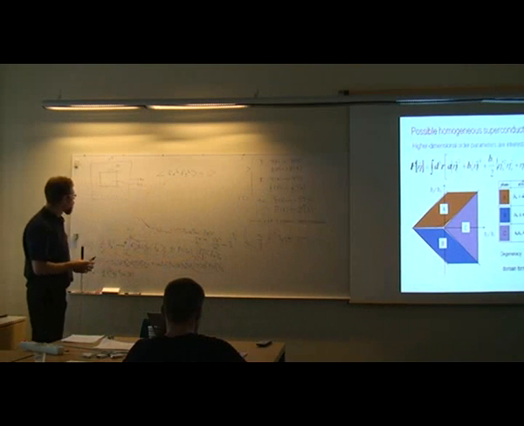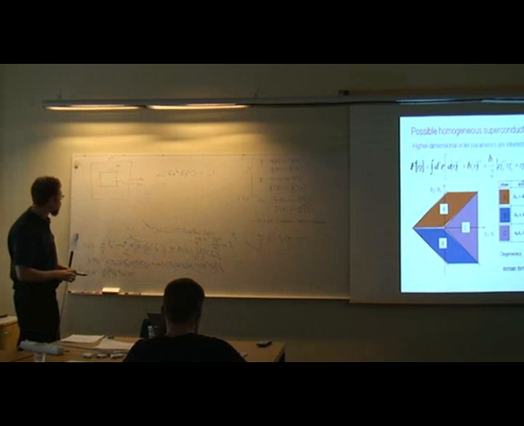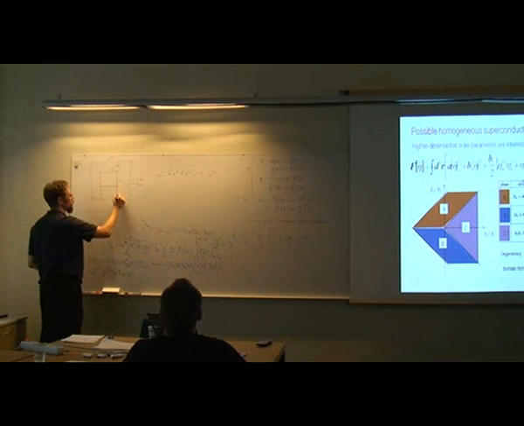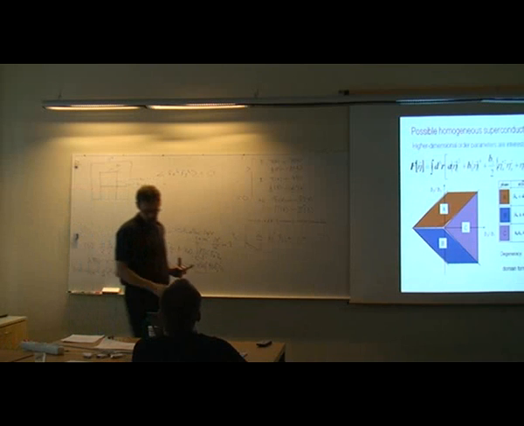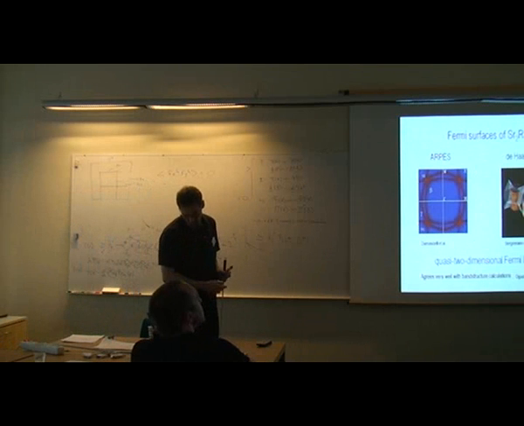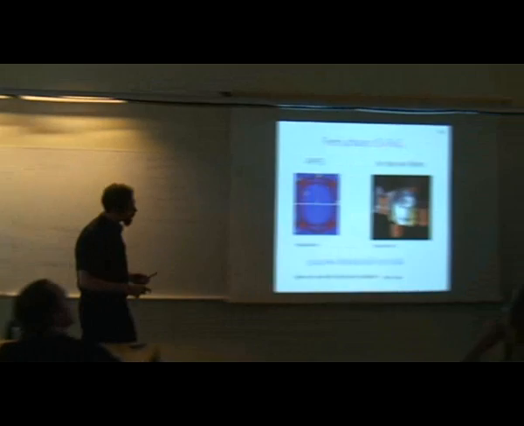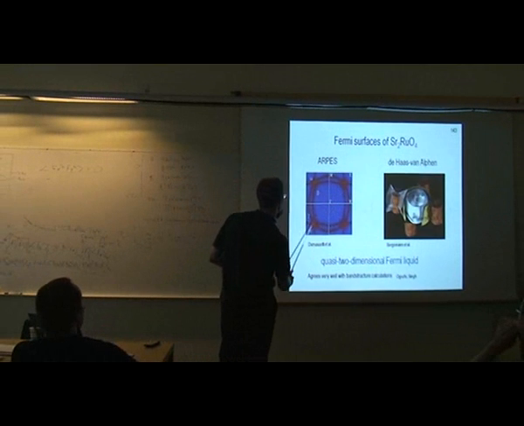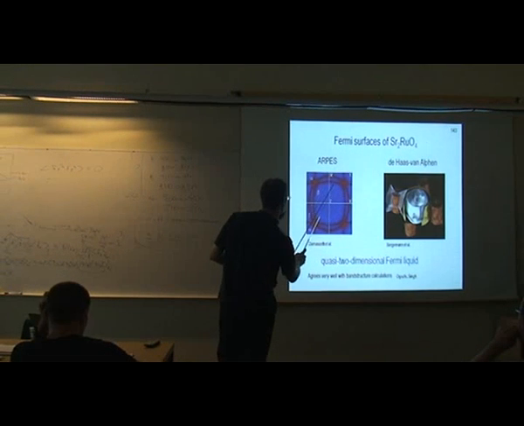Right. So it turns out this is a little bit interesting in strontium ruthenate because it actually does have these almost one-dimensional bands. Let me show you here. So these particular bands here, here, here, well, they don't look so one-dimensional.